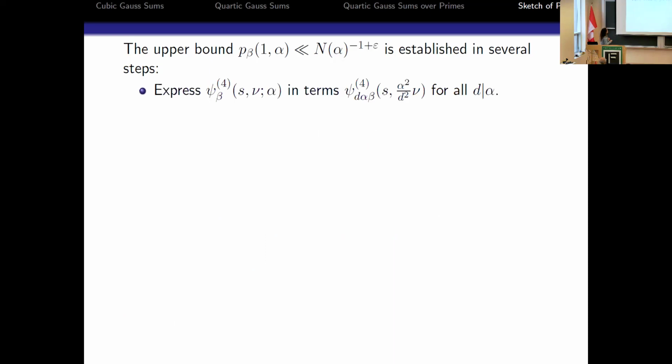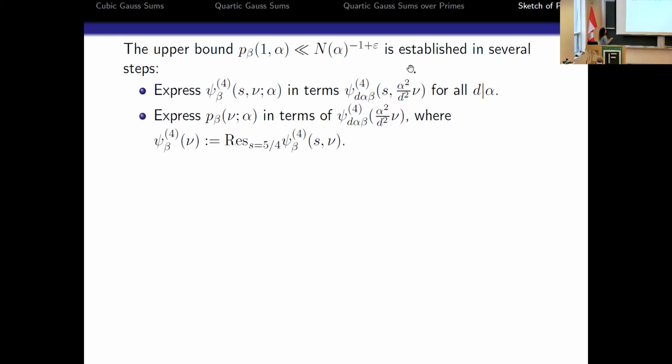Essentially, you relate these Dirichlet series with the Dirichlet series without that divisibility condition by alpha. What saves us really is the squares here, the fact that we're having this Dirichlet series at m squared nu.